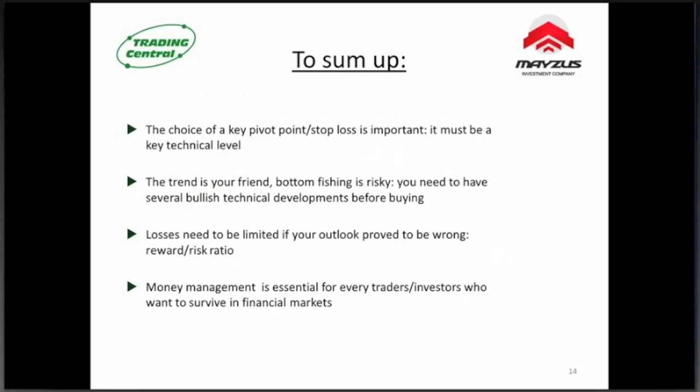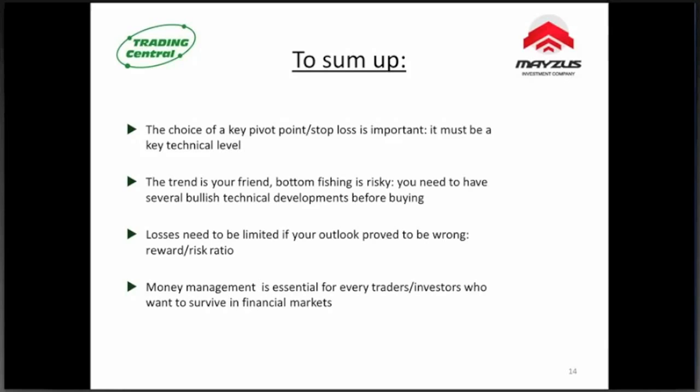So to sum up, the choice of a key pivot point, a key stop loss, is important. It must be a key technical level. Keep that in mind. So it's a sum up of my rules. The second rule is that the trend is your friend, and keep in mind that bottom fishing is risky.